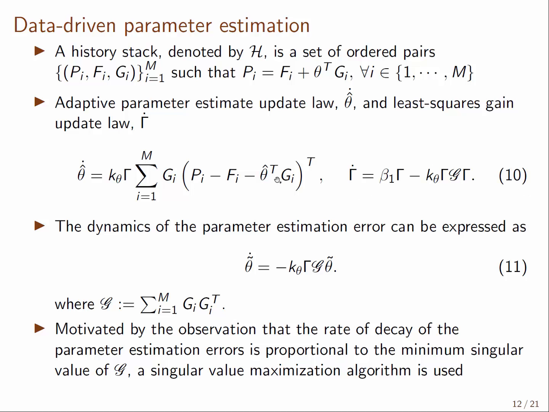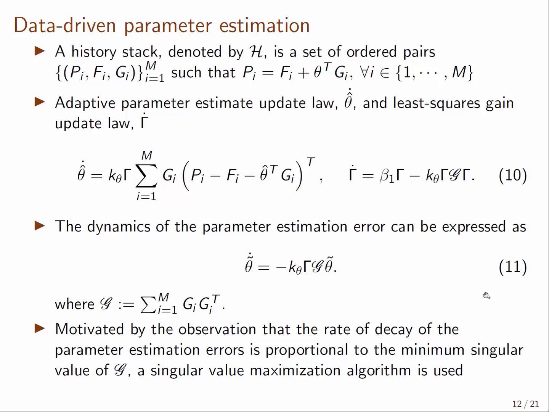And we've done this so that the dynamics of the parameter estimation error can be expressed using a simple linear time varying system, where the script G here is just a summation of G transposed.